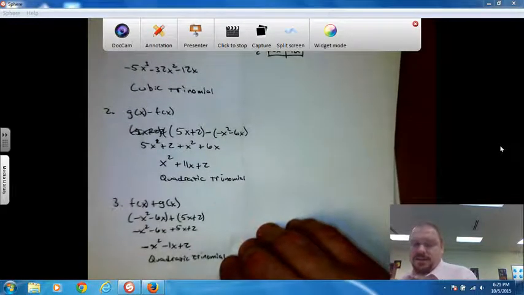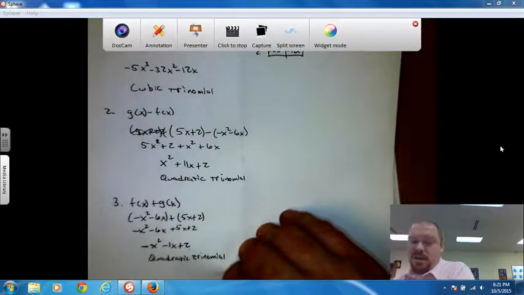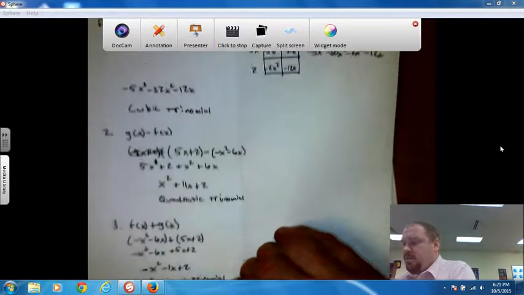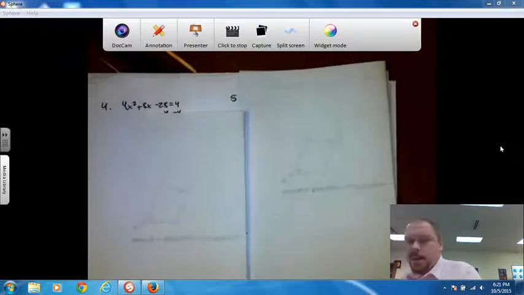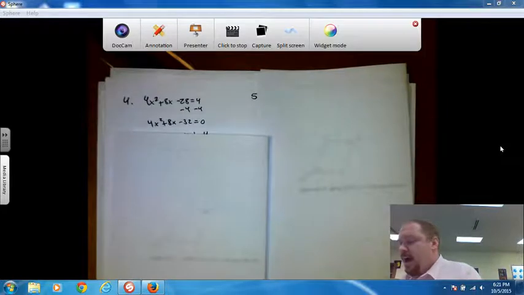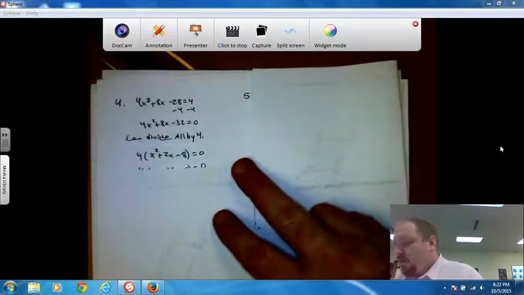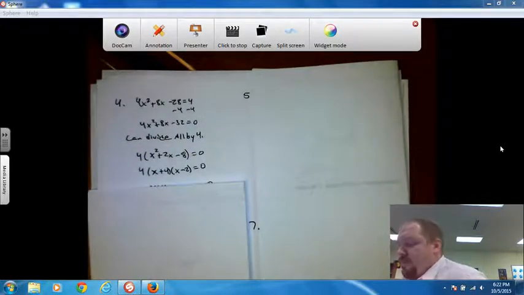Now the second section wants us to solve those with any method that we so choose. I will explain why I chose each method as we go through it. So for the first problem, I decided that I was going to factor this one, because I can divide all of them by 4.